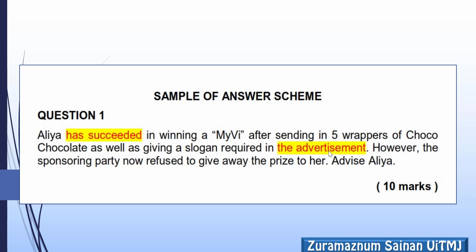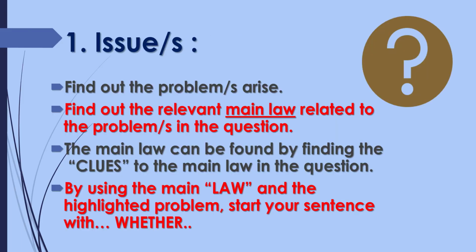You have learned about advertisement under the topic of offer, where you have to distinguish between an offer and invitation to trade. Advertisement is one of the invitations to trade. This is the clue which leads you to the main law. That is, we want to determine whether the advertisement made by the sponsoring party is an offer or an invitation to trade. So that is the main issue here, the main law which is relevant to the question.